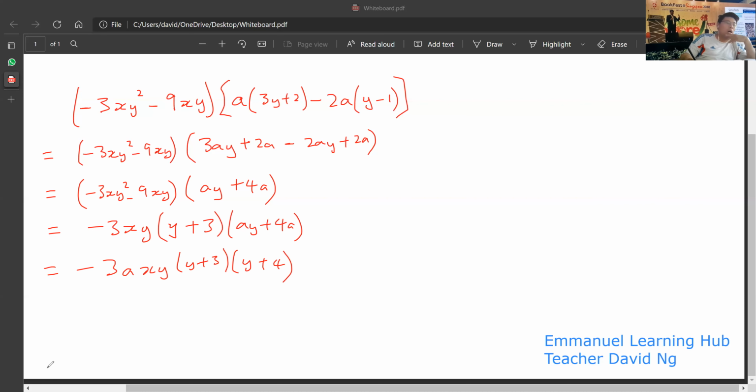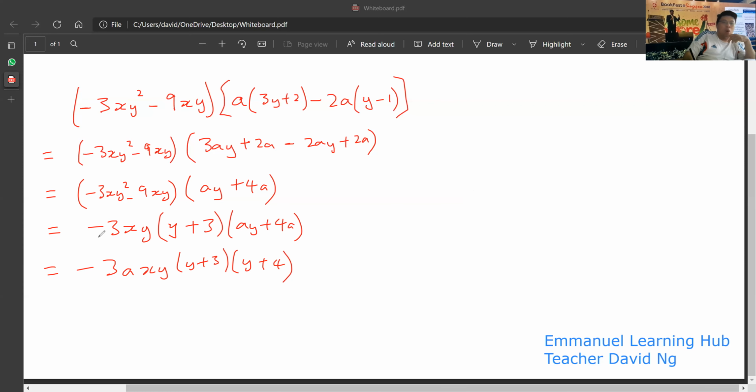Do you understand what I'm doing? Or you have no clue what's going on? I have no clue what's going on. Which part you don't understand? The part where it says minus 3xy, then bracket y plus 3.